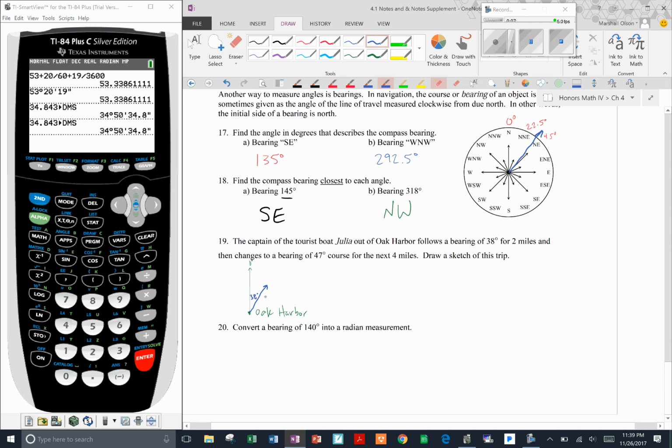They follow that for 2 miles and they change to a bearing of 47 degrees for the next 4 miles. So if this is 2 miles here, I want to make my 4 miles be twice as long. But now that bearing is 47 degrees. Well, due north again from this spot is right there. So a bearing of 47 degrees from that spot right there would be just past northeast. So a little bit more of an angle.